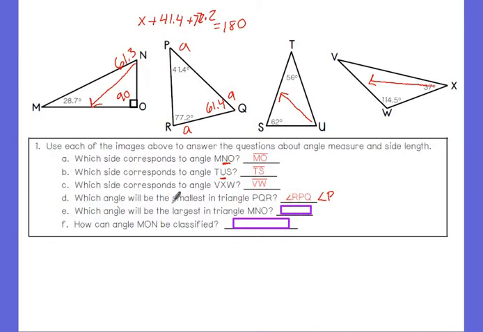It asks what angle is going to be the largest. I really didn't even have to figure that out. I wasted time because it's not going to be bigger than 90 degrees. So I could have stopped here and said angle O is the largest. And they wrote it angle NOM, where O was in the middle.